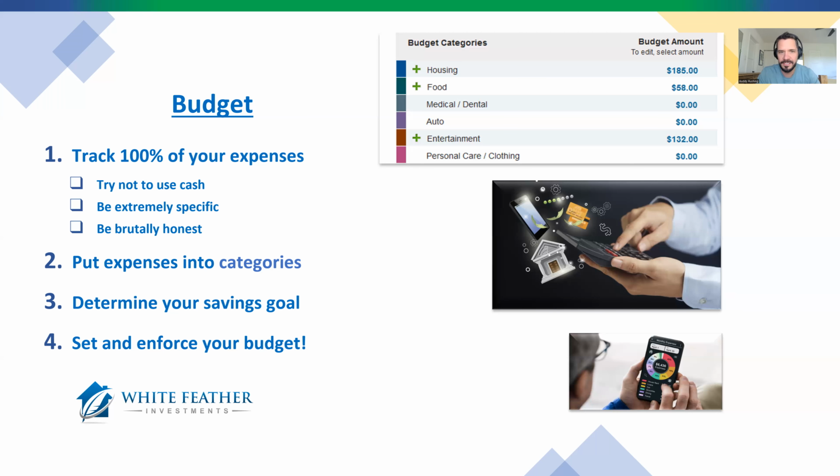You track 100% of your expenses. You put those expenses into categories: housing, food, medical, entertainment, personal care, clothing, and so on. That way you can tell yourself, okay, this percentage of my money every month is going toward eating out.